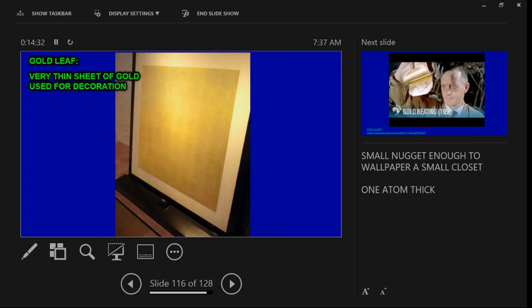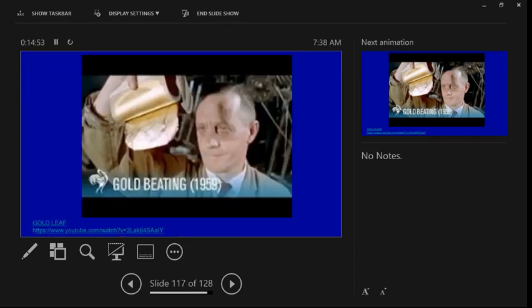So I once went to a gold exhibit at the Houston Museum of Natural Science, and they had a tiny nugget of gold, and they had this small closet, and the small closet was wallpapered with gold leaf made from that tiny little nugget of gold.